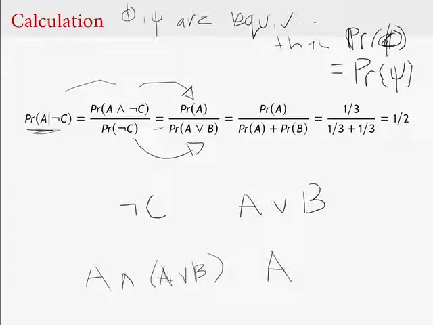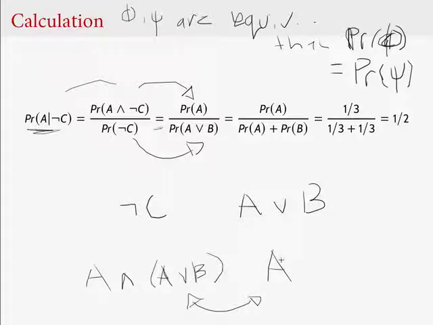So A and not C is equivalent to A and A or B because not C is equivalent to A or B. And now, hopefully, you can see intuitively how A and A or B is equivalent to A. You could verify this with a truth table, but also hopefully you can see intuitively why, because suppose, for instance, that A and A or B is true.